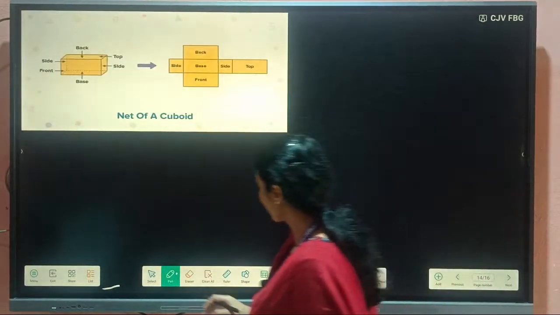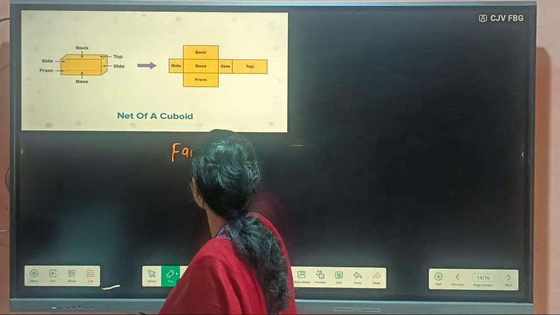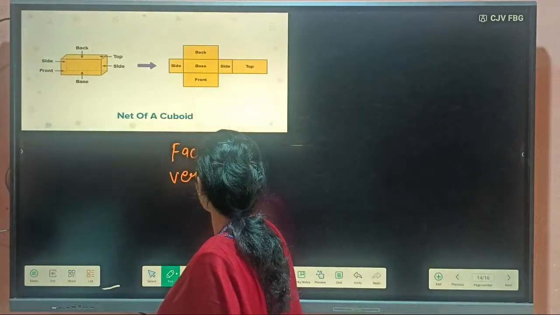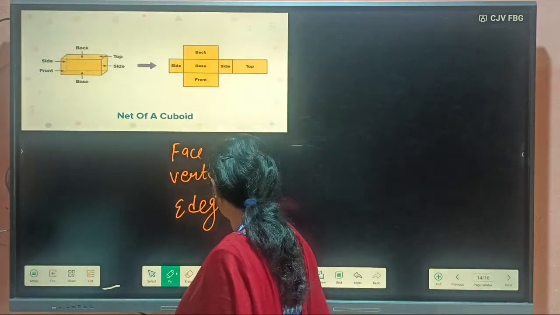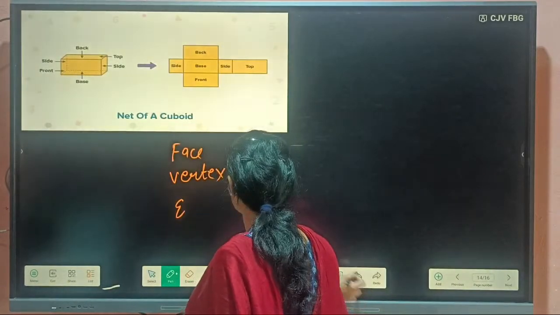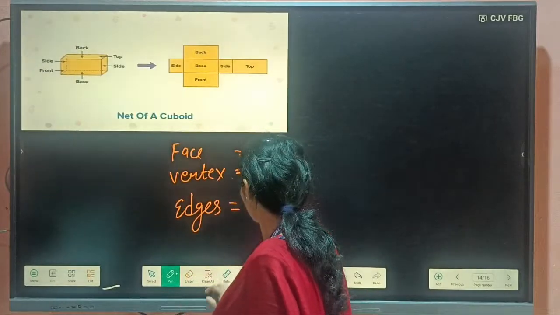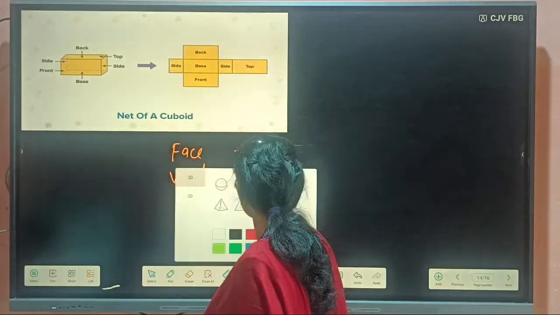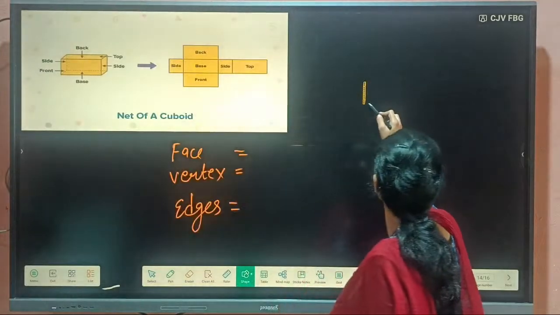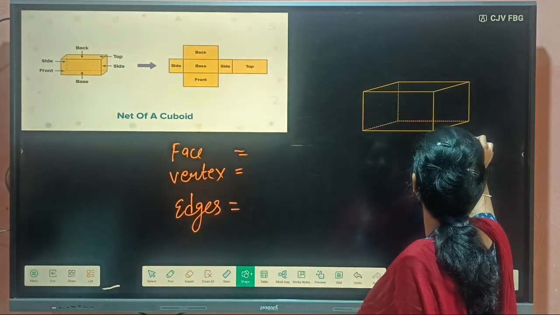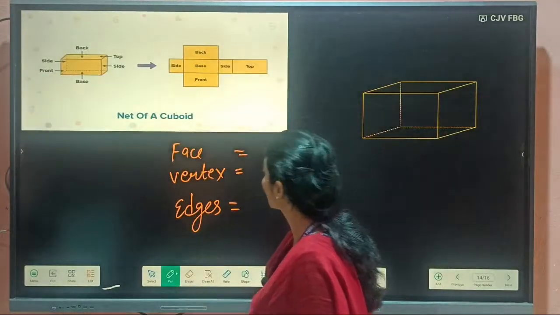These are similar to cube. Let us draw the shape of cuboid. This is cuboid.